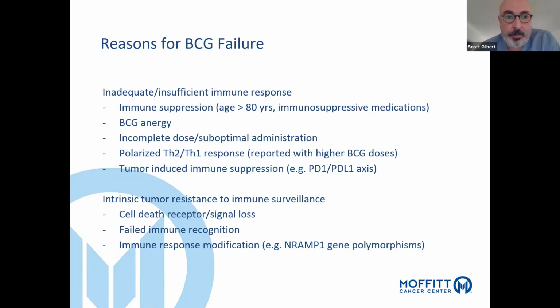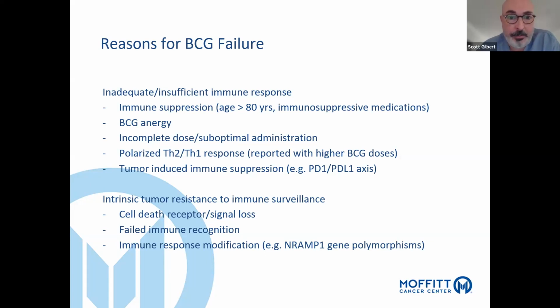So there are different reasons that people don't respond to BCG, and so there is some back of the envelope kind of risk calculation when you're counseling patients on their likely response rate prior to starting BCG. And in the setting of supply chain disruptions and drug shortages, this may actually impact who you decide to administer it to versus an alternative therapeutic regimen.